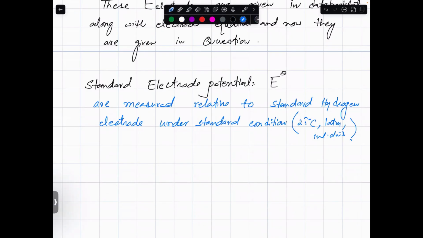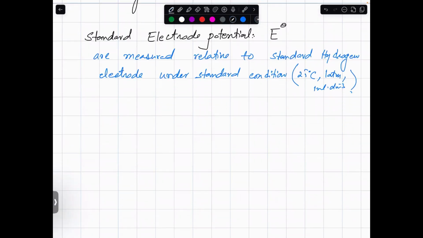The main point that you are supposed to use again and again is: if the E naught value is large, reduction occurs.